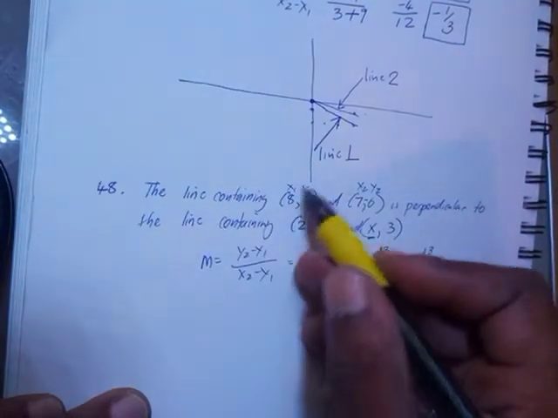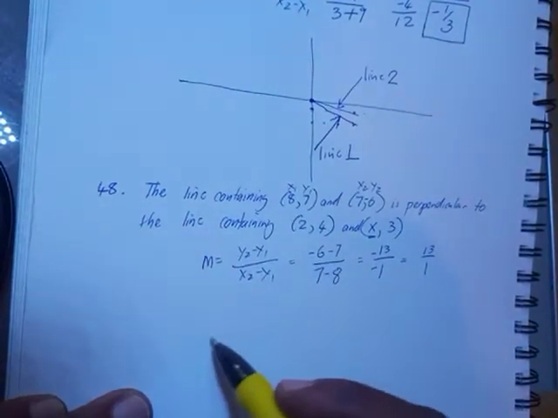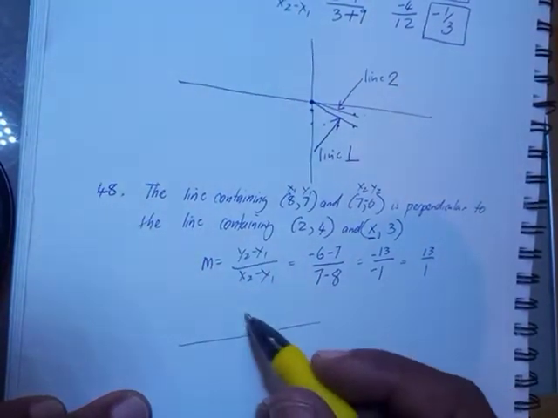If we wanted to verify that this is actually a positive slope, we can do a quick sketch. Let's do a quick sketch of that line. What do I mean by a quick sketch?